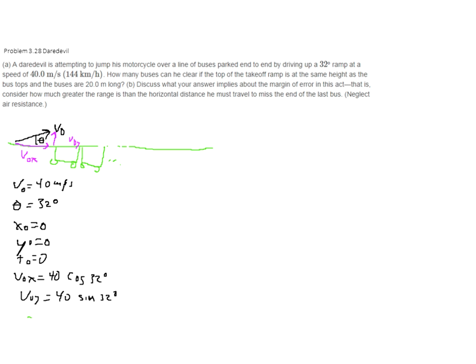And then over here, when we go to the final, since it ends at the same level as it starts at, V is also going to equal 40 meters per second. Same theta. That's pretty ugly. X equals, we don't know.